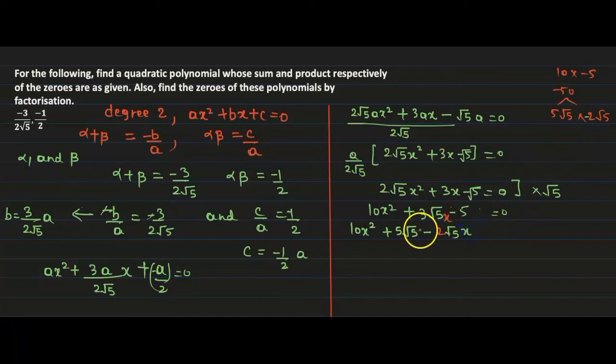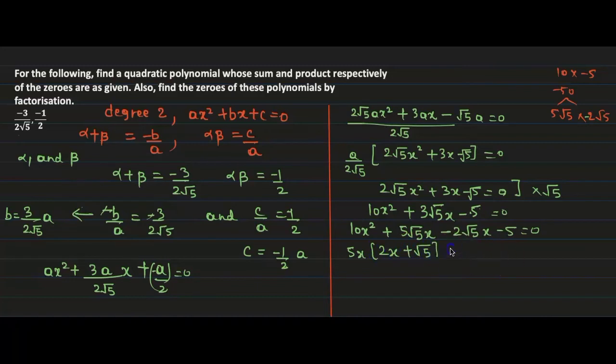So let me rewrite this equation. It will be 10x square plus 5 root 5 x minus 2 root 5 x minus 5 equal to 0. So in the first term, I will take 5x common. So in the bracket, I will be getting 2x plus root 5.